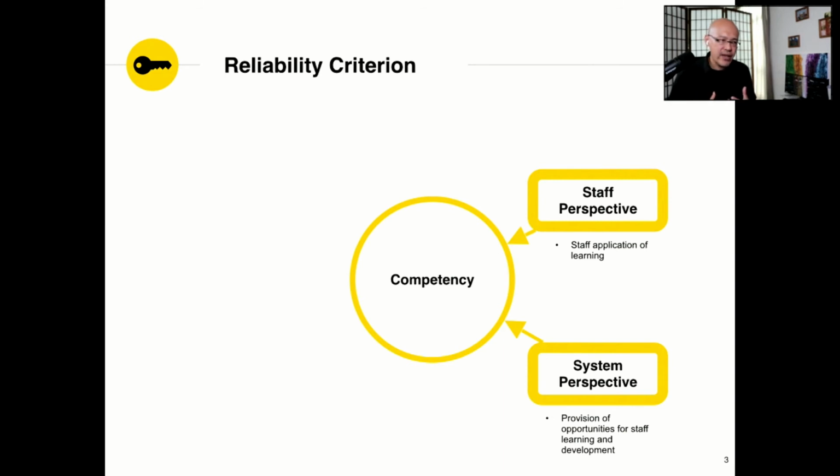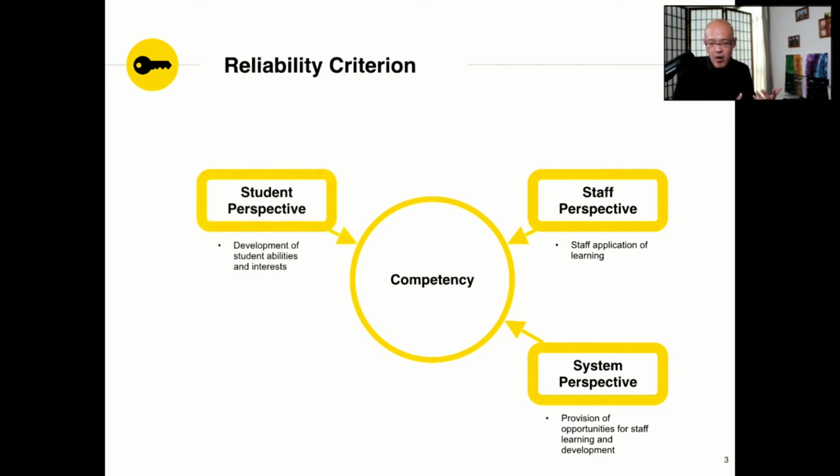And so once we are able to have them implement that in the classroom, a way to ascertain if they are implementing it correctly or our strategies are right in the first place, what we want to look at is, does it make an impact on the student? And this is where we want to look at from the student perspective.